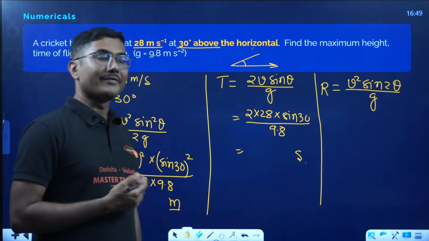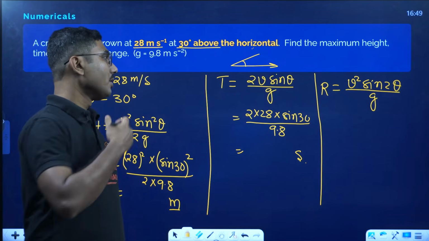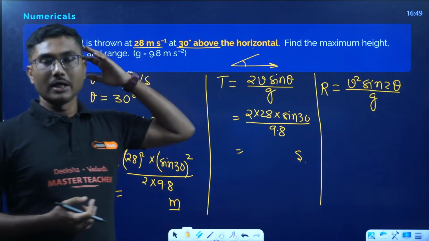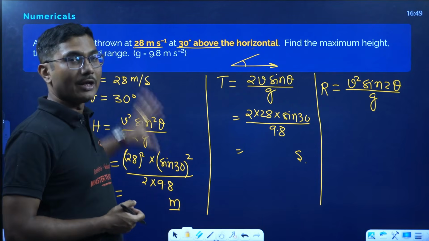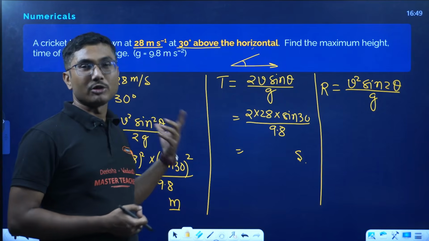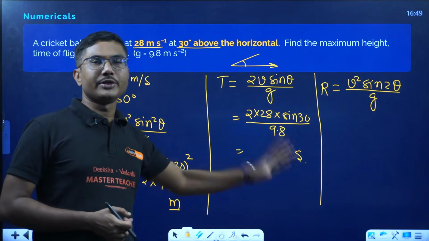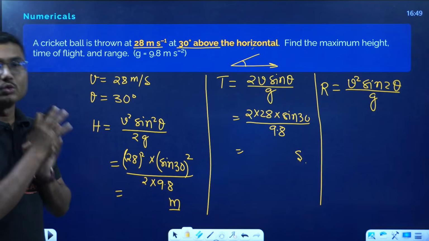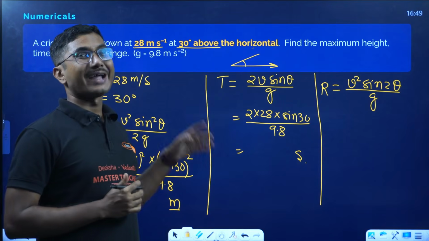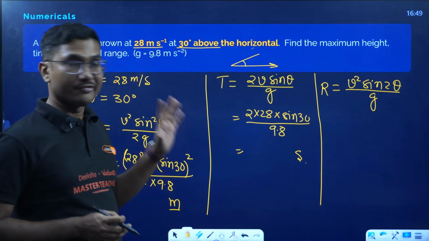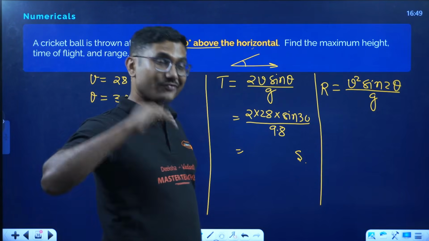Once you have done these derivations and solved a few numericals, these will be etched in your head. This is not going to end over here. In the KCET exam also there will be questions based on these concepts. So you need to remember these equations. You cannot skip them. They are very important.